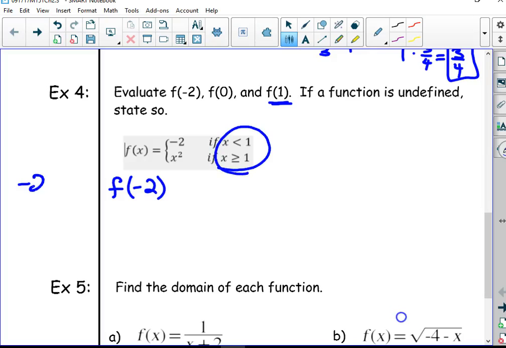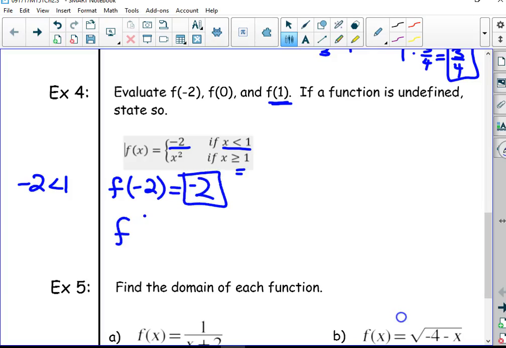Since -2 is less than 1, we will use the part of the function that's less than 1, which is -2. Let's take a look at the next one, f of 0. Also, 0 is less than 1, so we use the same function for x equals 0 and also get a -2. And the reason it doesn't change is because it's just a constant. Y equals -2.